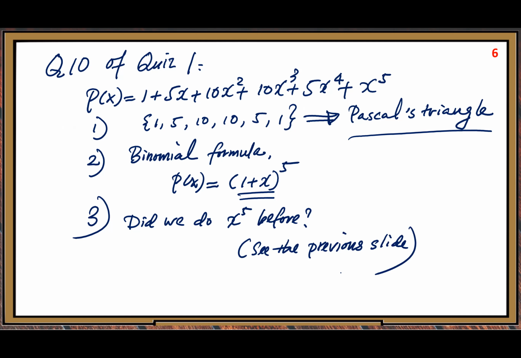Previous slide, we did it. Then you can answer this question. Here you can see you need to have sufficient knowledge in your background to answer this question. These 3 steps are very important.